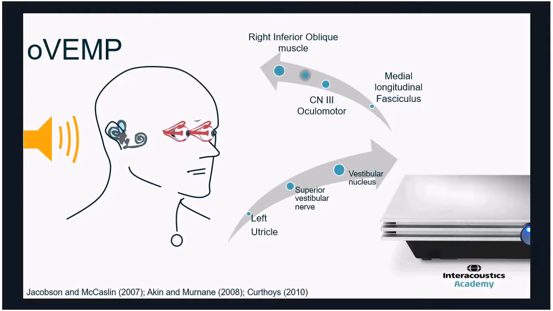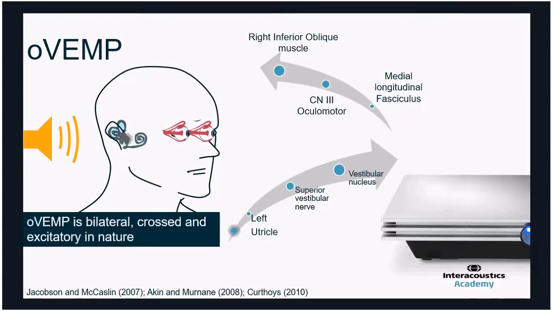So if we stimulate the left utricle, as we can see in our diagram, we're actually measuring from the inferior oblique muscle, which is just tucked underneath the right eye under the orbit. So this in actual fact is a bilateral crossed response, different to the cVEMP in the sense that it's excitatory in nature. The responses are smaller when we record them because we're recording from much smaller muscles also.